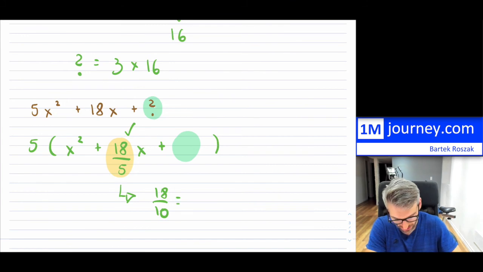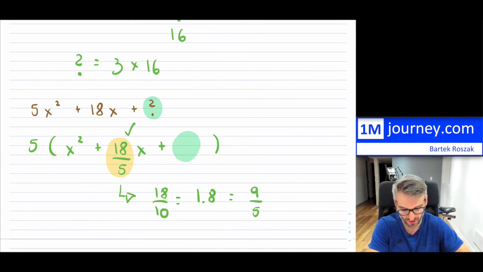And in reduced form, because it's just a fraction, you can keep it as a decimal if you like as well, which is going to be 1.8. This is 1.8 as a decimal if you want to keep it, or you can also keep it just as a fraction, which is 9 over 5.